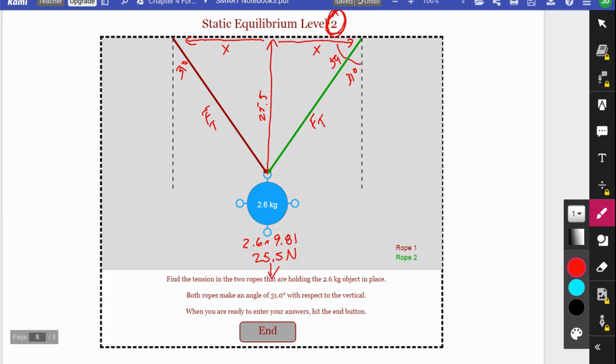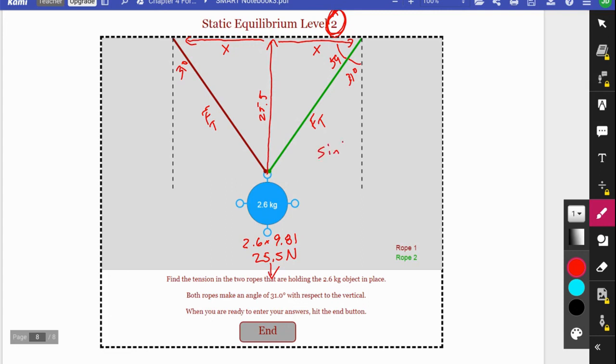I know that's a right triangle, so it's going to add up to 90 degrees. If the outside portion is 31, then the inside portion is going to be 59 degrees. I was going to use tangent to find the x value, but I don't really need to solve that. I can use sine because I have the opposite side and I want to find the hypotenuse.